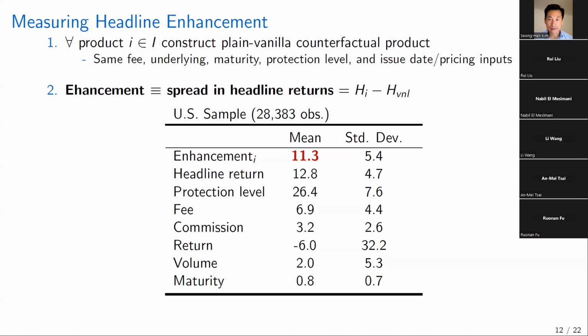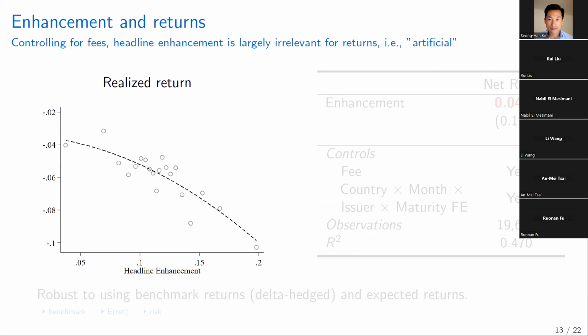Okay, so with this measure in hand, if there are no more questions, let me first say a few remarks about how enhancement translates into return. So if you just regress realized returns, which I observe in my data, I can quantify them for the securities, on headline enhancement, you will find that if anything, securities with higher enhancement pay lower returns.